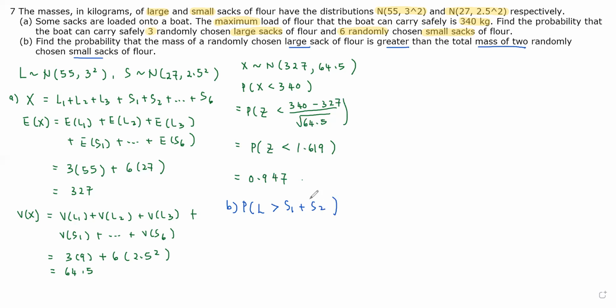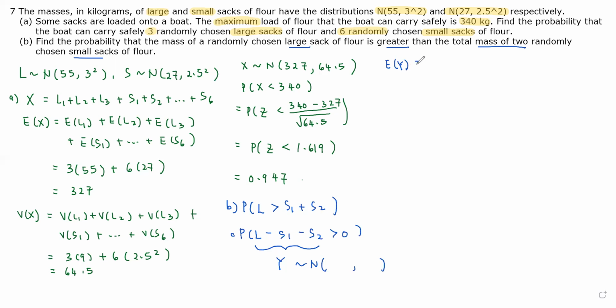This will give you the total mass of two small sacs. And we can rearrange this so that we can write this as L minus S sub 1 minus S sub 2 greater than 0. Let's say we denote this as Y. Since these are all randomly chosen, the random variables are independent, so Y follows a normal distribution, and we need to find the mean and the variance of Y.